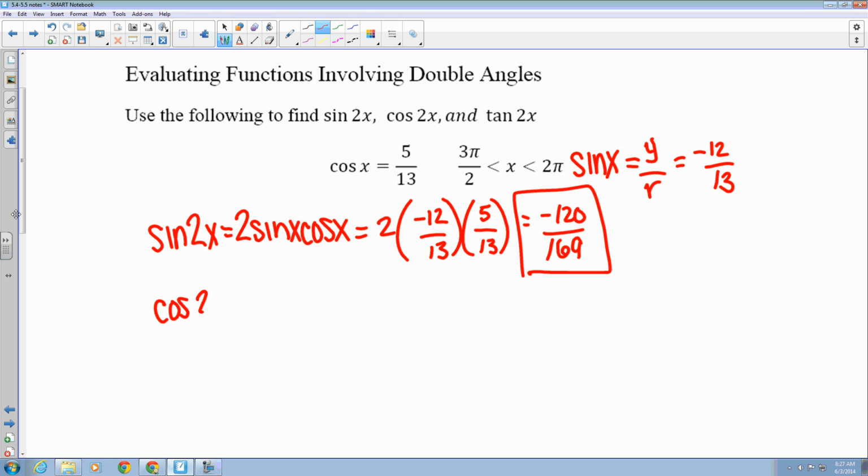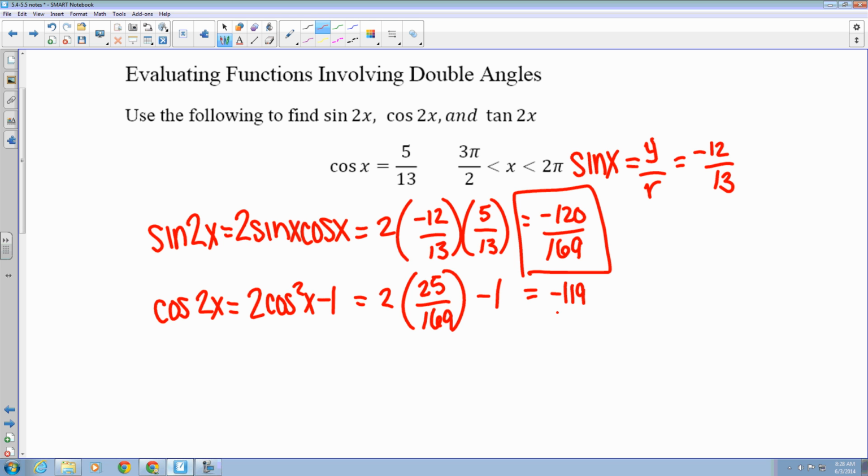Cosine of 2x, there are 3 options. I'm going to go with 2 cosine squared x minus 1. Cosine squared would be 25 over 169. And evaluating this, I get negative 119 over 169.